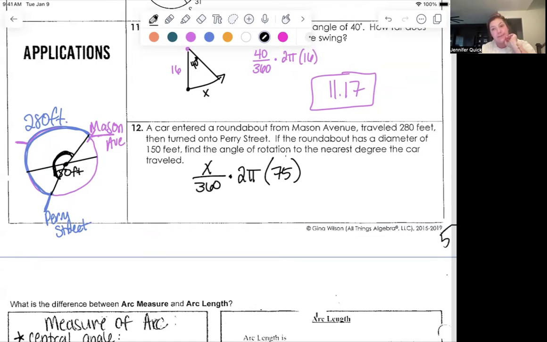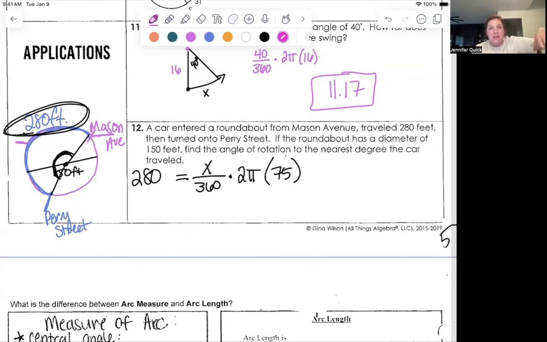Just cut it in half. Now, I can only have one unknown, because if I have two unknowns, then what am I solving for? My other piece of information is this 280. That is the length of the arc. So that's what my answer is equal to.